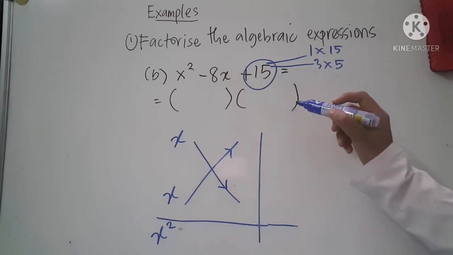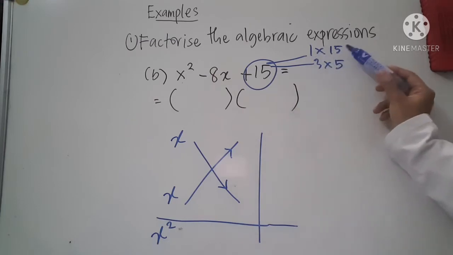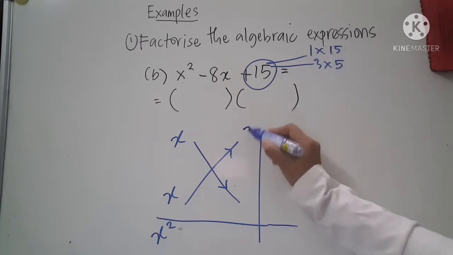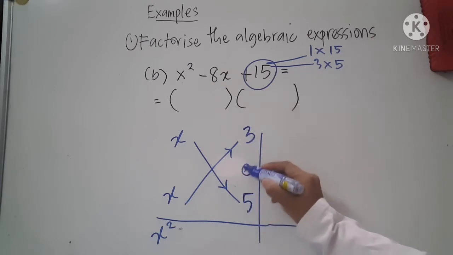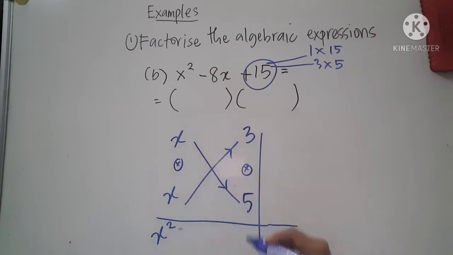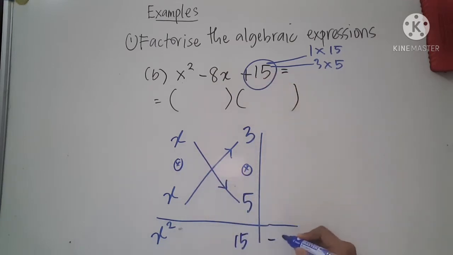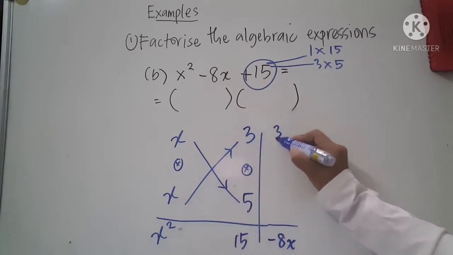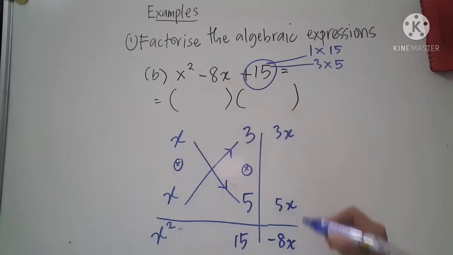Now for this column, what we are going to write is either 1 times 15 or 3 times 5. Let's say I choose 3 here and 5 here. So when we multiply, we will have 15. Here must be negative 8x. x times 3, 3x, x times 5, 5x.